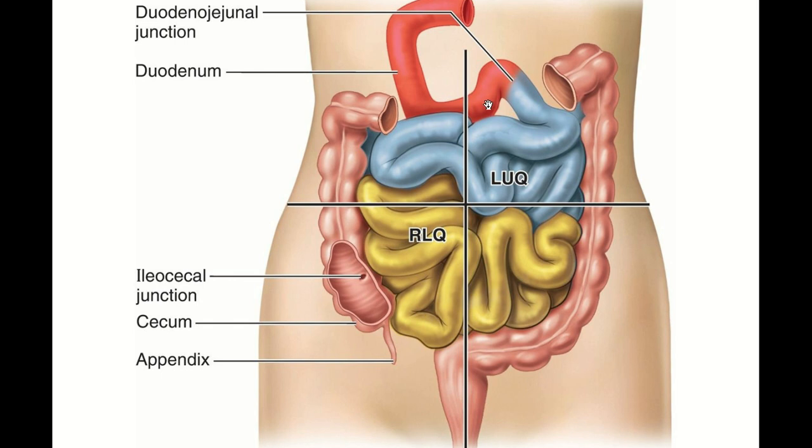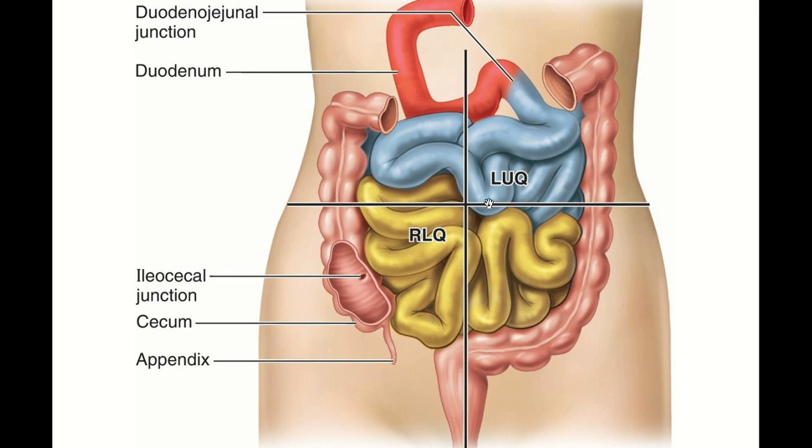This right here in blue, that's your jejunum. This is your duodenum, jejunum, and ileum. The jejunum and the ileum are 6 meters long, right? The jejunum being 2/5, the ileum being 3/5 of that length.